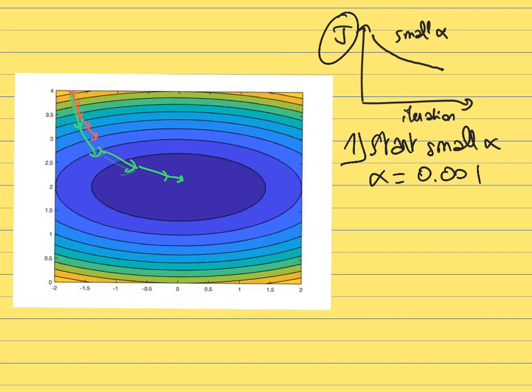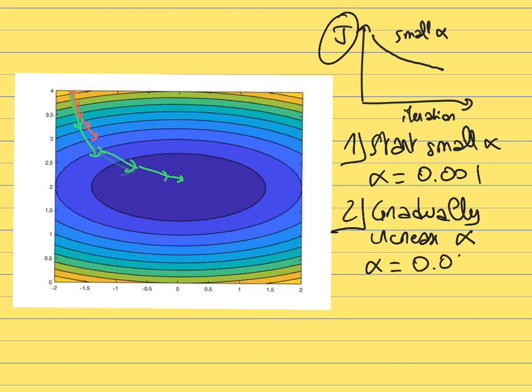And if you see that it decreases very, very slowly, then you can try to gradually increase alpha. You can increase it by a factor of 10. For example, alpha is now going to be 0.001, or 0.01, etc. And you keep increasing alpha until you see that the cost function starts to decrease very fast and converge.